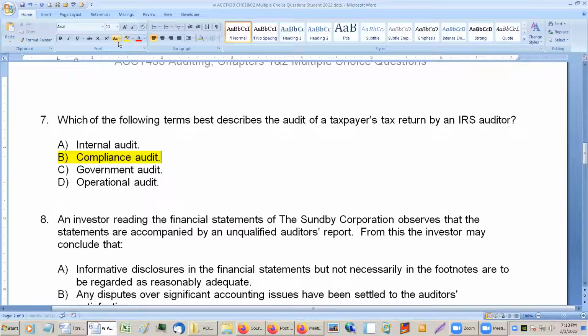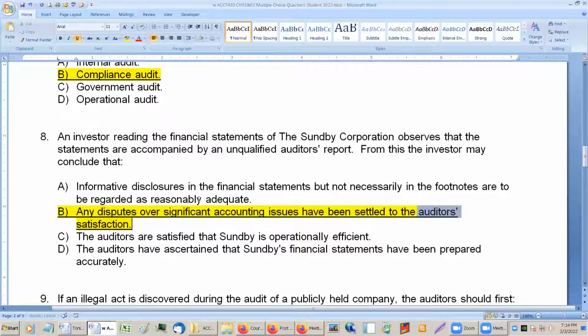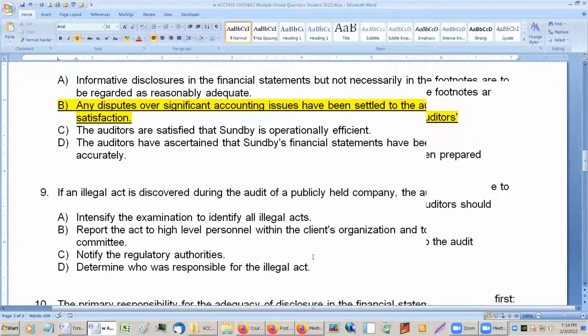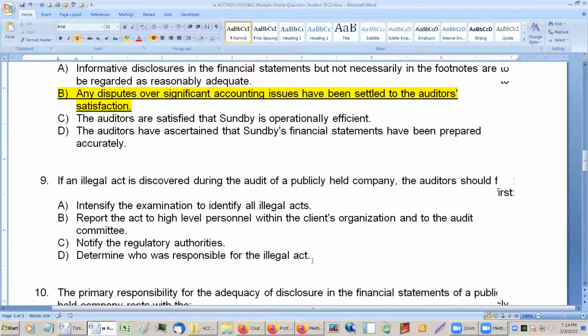Good. Seven is a compliance audit. Yep. Nine. Good.